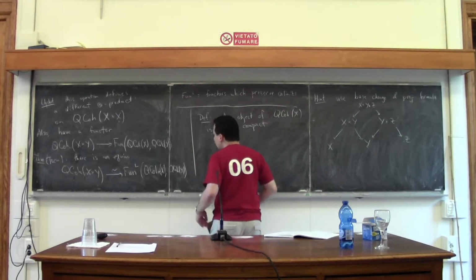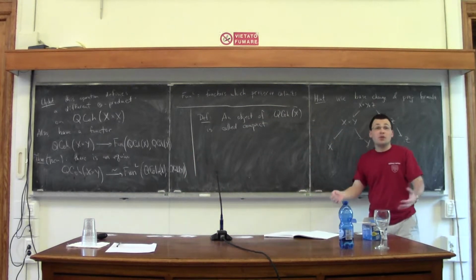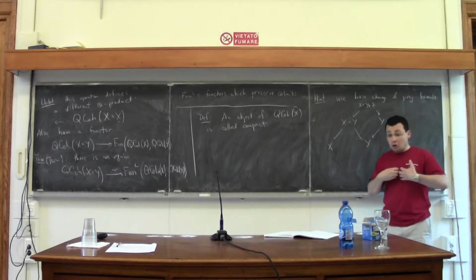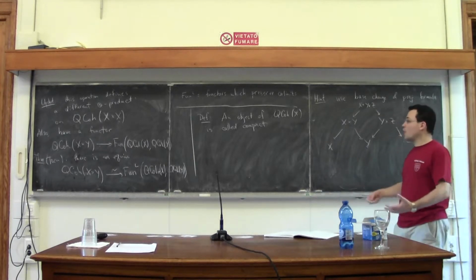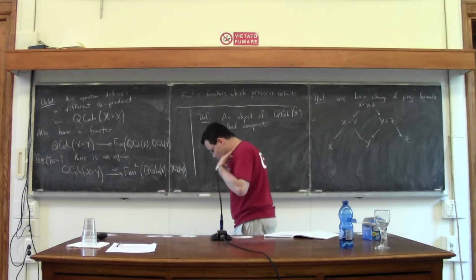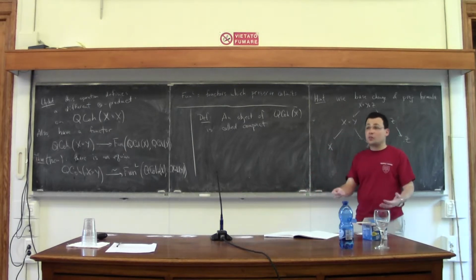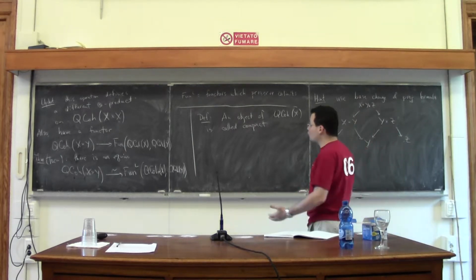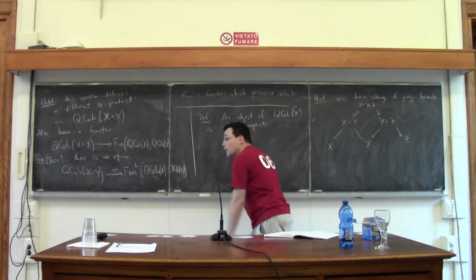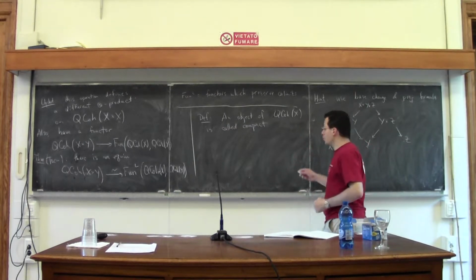For many purposes, it's convenient not to consider all quasi-coherent sheaves, but just sheaves which are coherent, or impose some kind of finiteness conditions. You often don't want to consider all vector spaces, but vector spaces which are finite dimensional. So in this kind of categorical setting, there's a notion called a compact object.